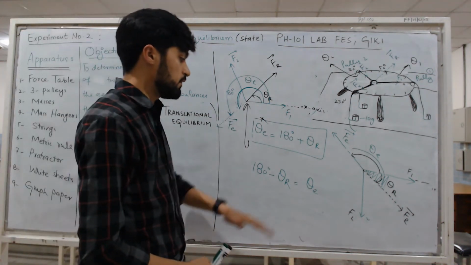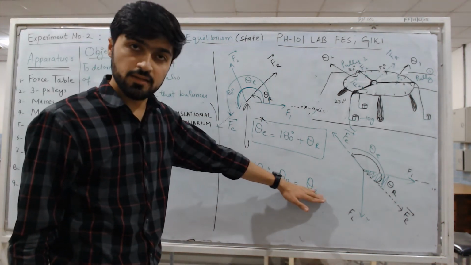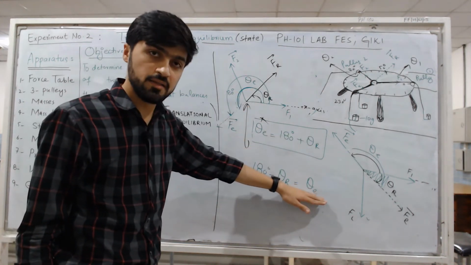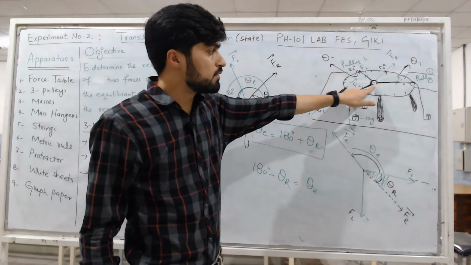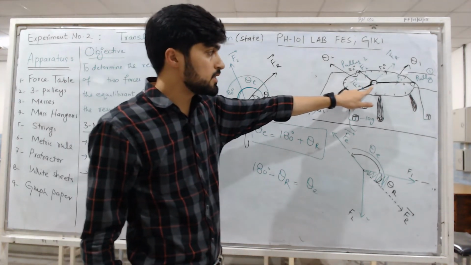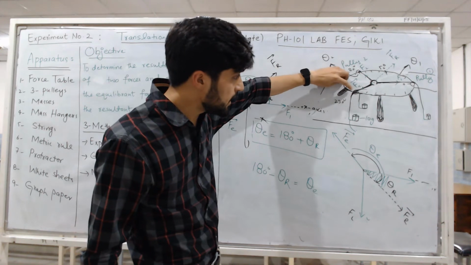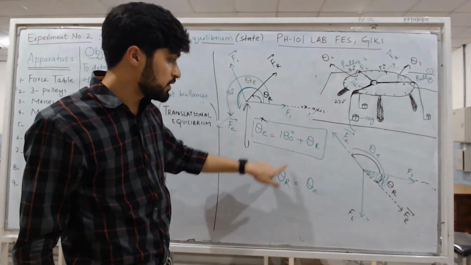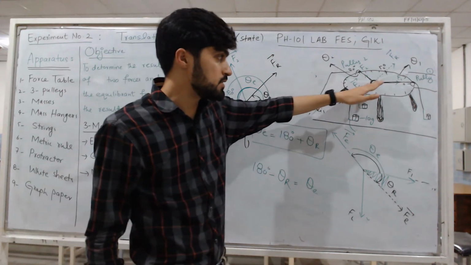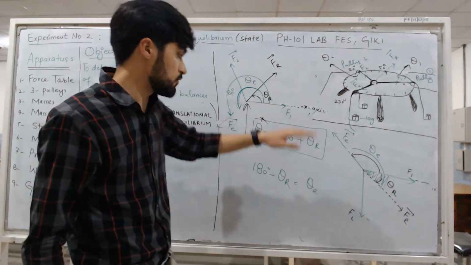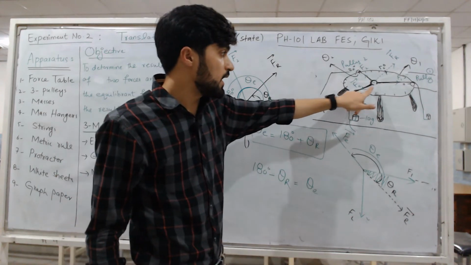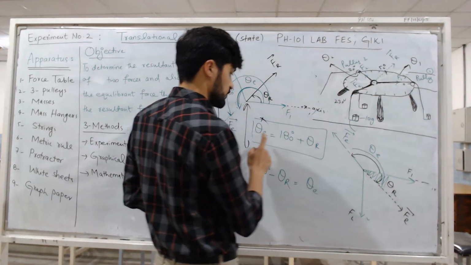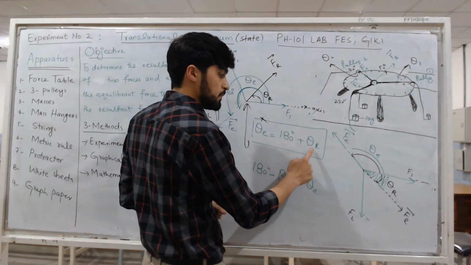So if you know theta r, you can find theta e, and you can easily find theta e from this force table. Let's say this is at the 230 degrees mark. So this is your theta e. Because the equilibrium force is in the third quadrant, I will be using this equation: theta e is 180 degree plus theta r.